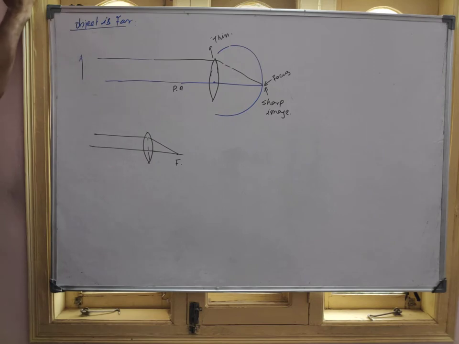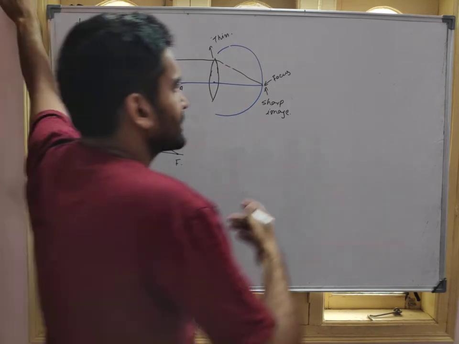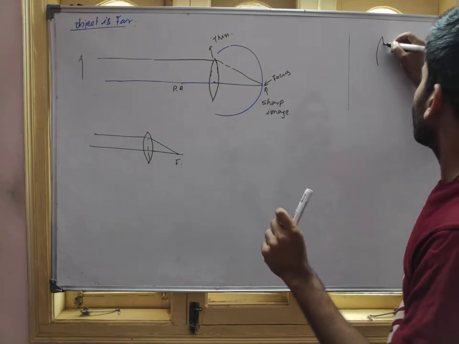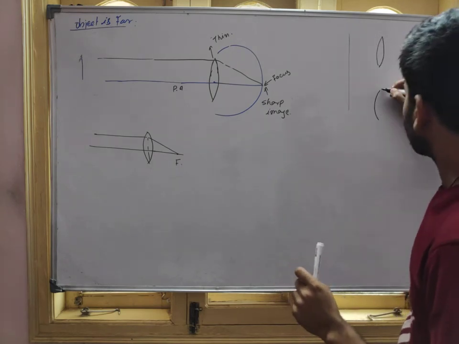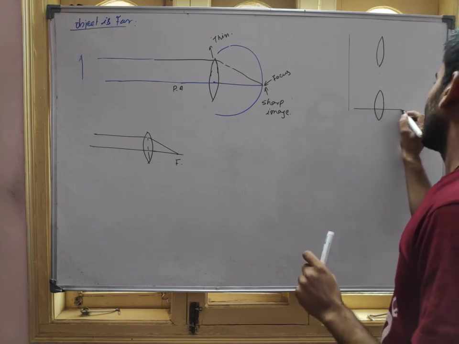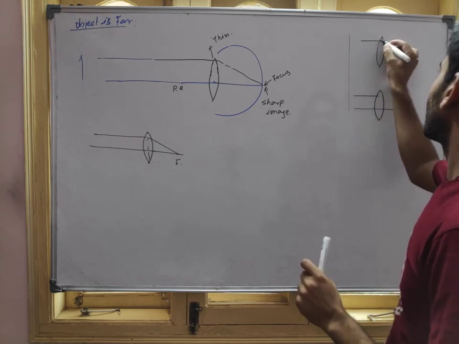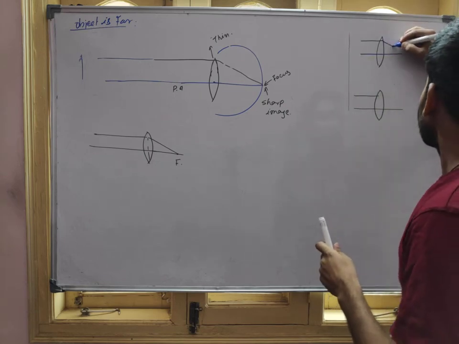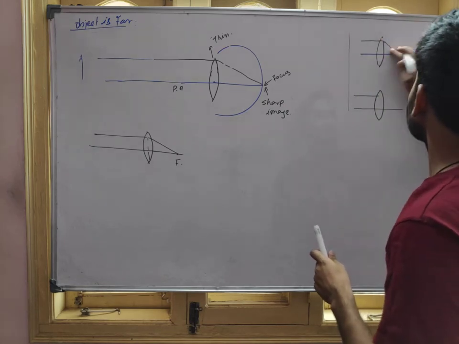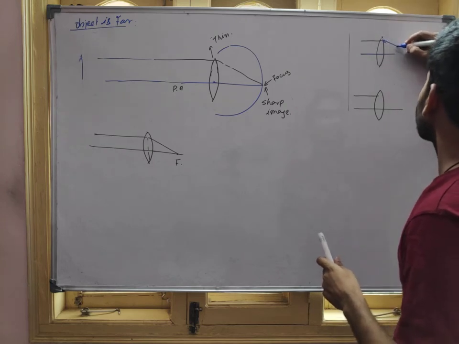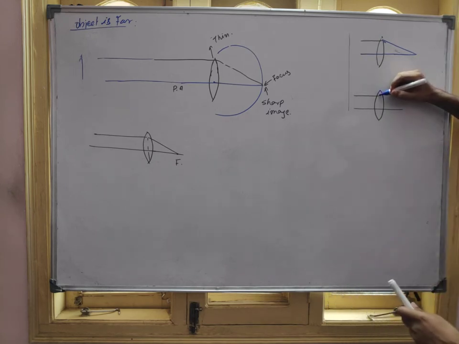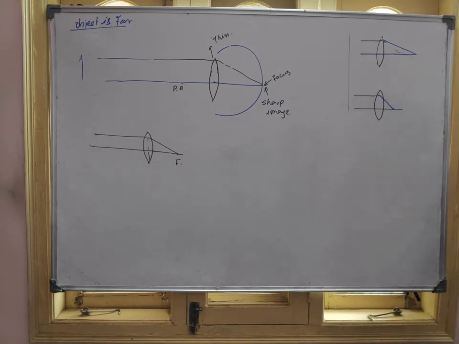So we don't need a thick lens. What does a thick lens actually do? If we compare two lenses, one thin like this and one thick like this, and rays are coming like this, for the thin one the focus will be somewhere here. But for the thick lens, the focus will be here, which means the focus will be nearer.